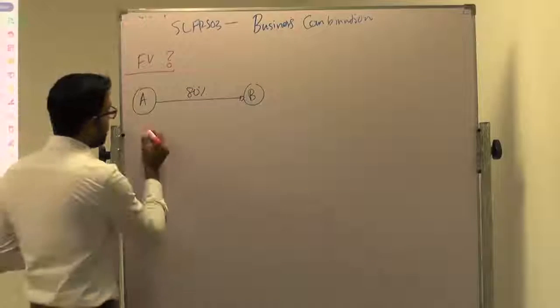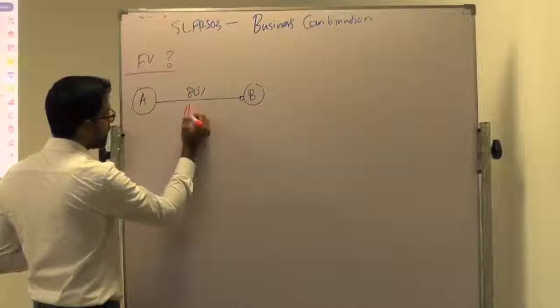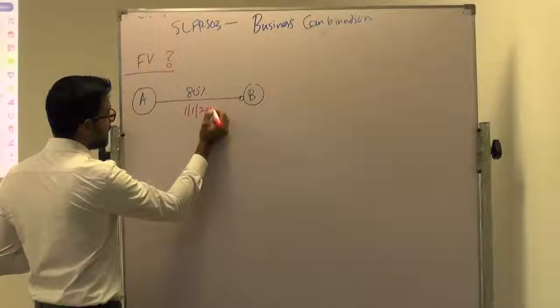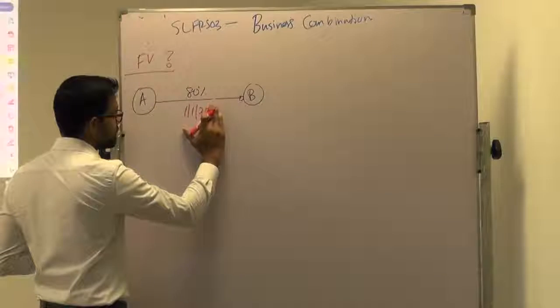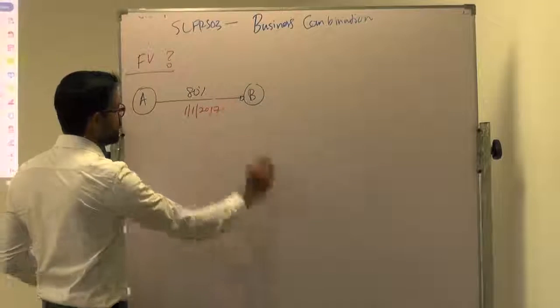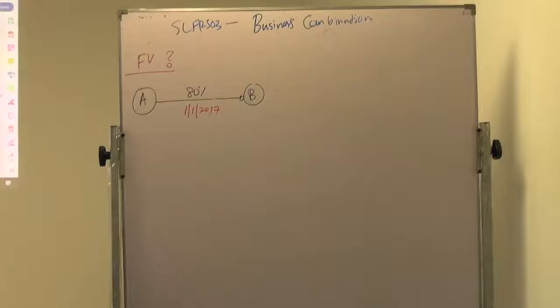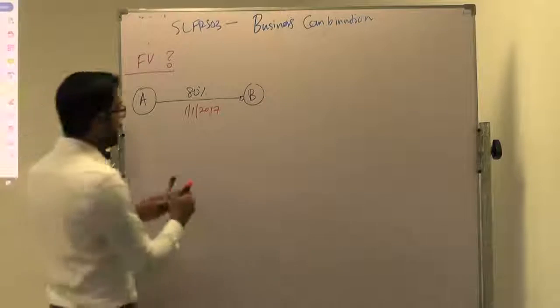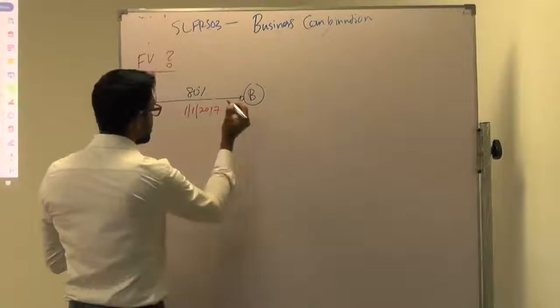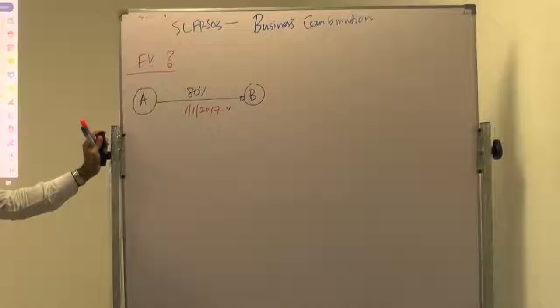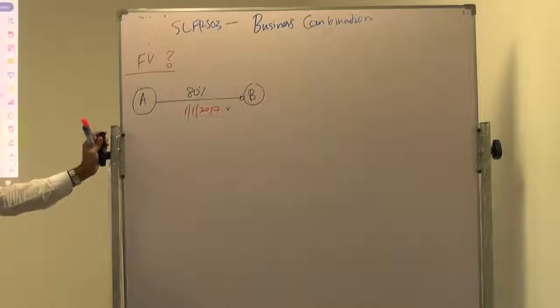Let's say on 1st January 2017 you have acquired control of B. So the date of acquisition is this date. You have acquired the controlling power of B on this date.